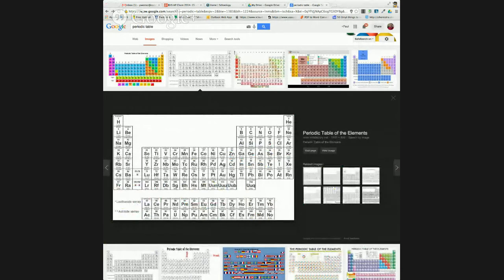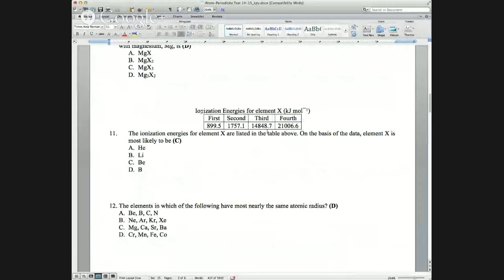Oh, I know what I was going to do. I want to talk briefly about number 11 on the multiple choice. When you get these, you get the ionization energies, called successive ionization energies.